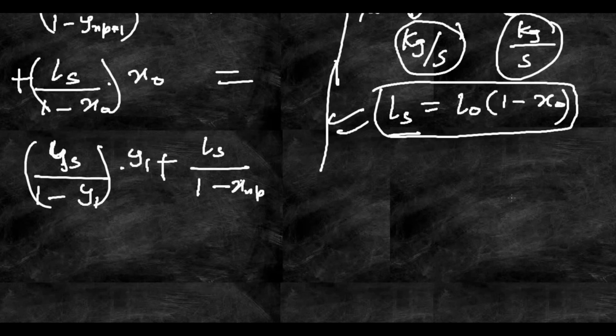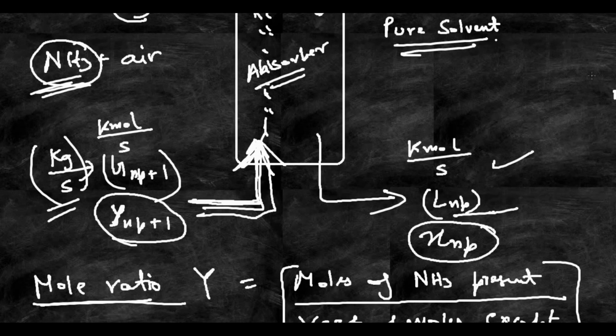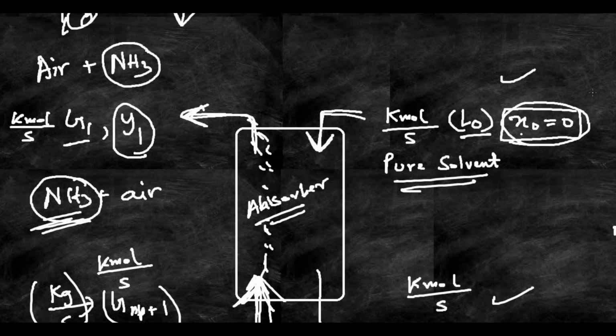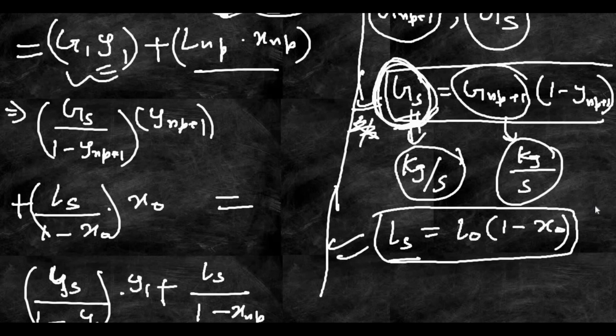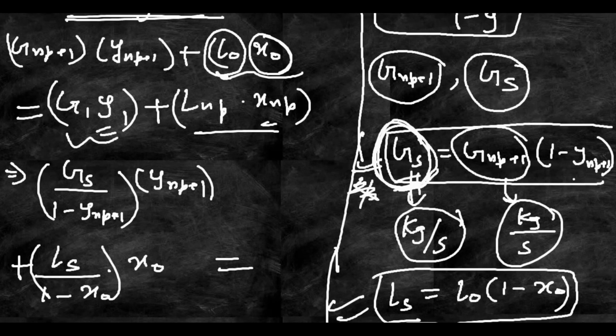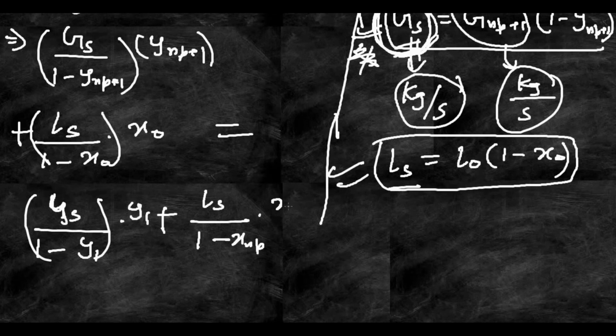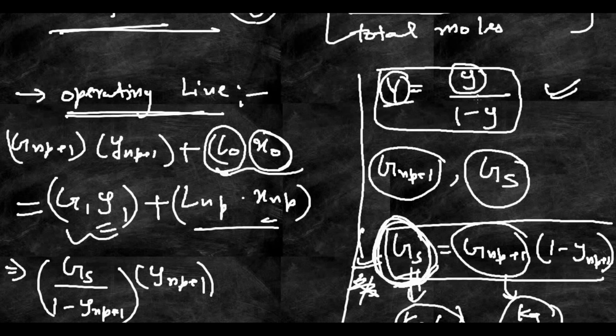Why do I have x_{N_P} over here? Because I am talking about this stream. When I am talking about this stream, I will take x0. When I am talking about this stream, I will take x_{N_P}. So Ls by 1 minus x_{N_P}, and I have to multiply this x_{N_P} also. So this is what I get. Now you can see over here, I have a relationship between mole ratio and mole fraction.